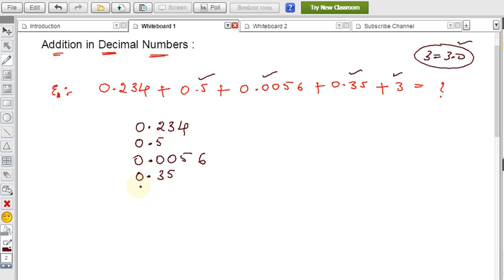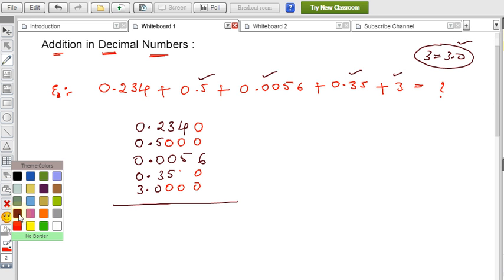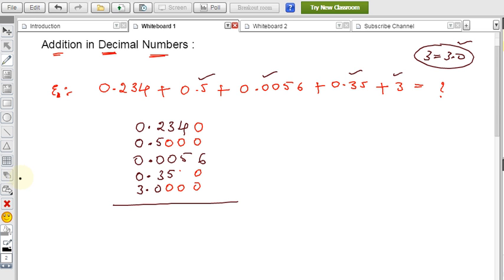For any number, after the point we can just keep zeros. The empty places you can occupy with zeros instead of confusing the problem. These are the gaps, right? You can fill them with zeros because the value will never change even if you add zeros at the end, for decimal numbers only. Then you can do normal addition as you do with other numbers.